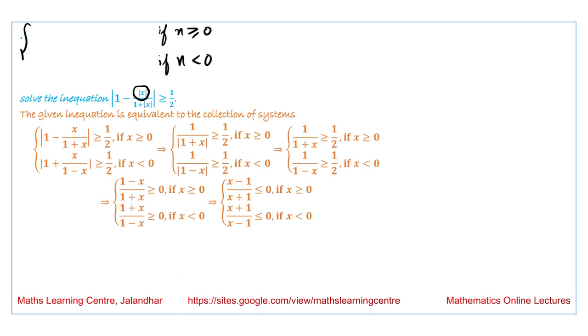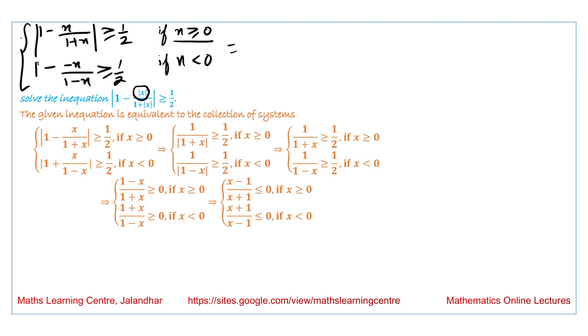So this system, when x is greater than or equal to 0, will be of the form |1 - x| / (1 + x) ≥ 1/2. And when x is less than 0, we are saying it is of the form |1 - x| / (1 - x) ≥ 1/2.